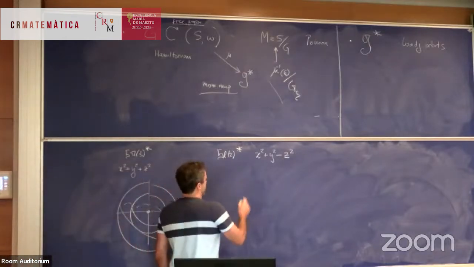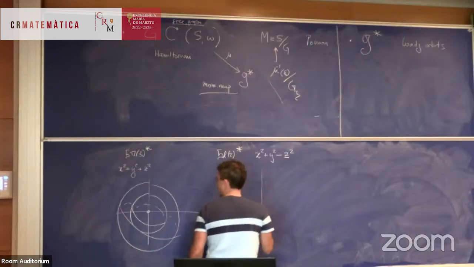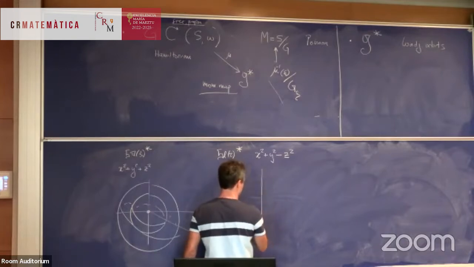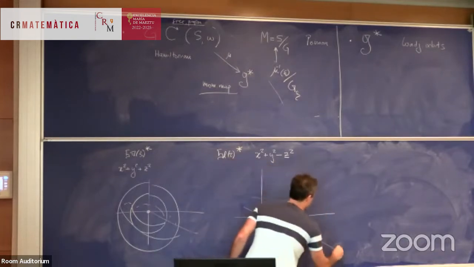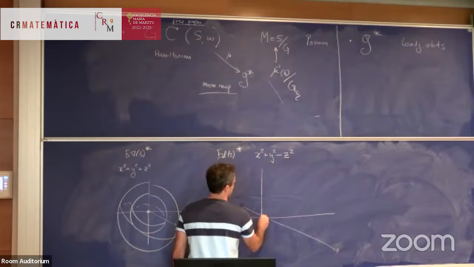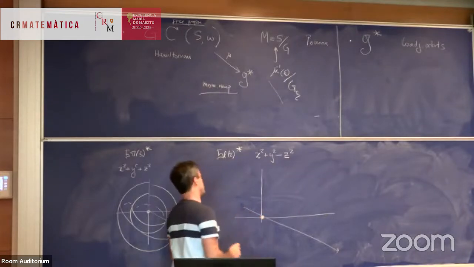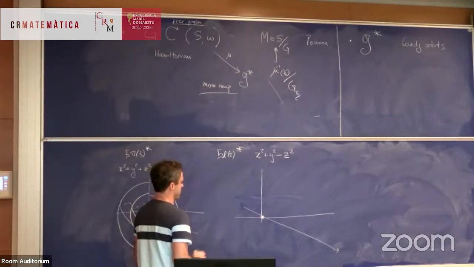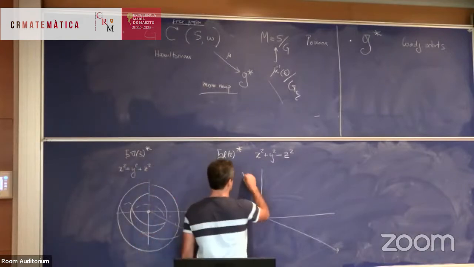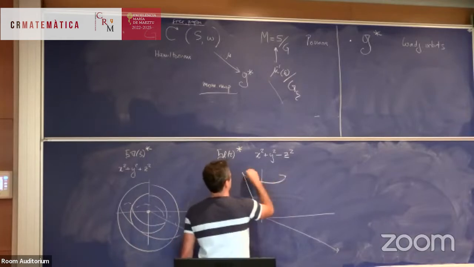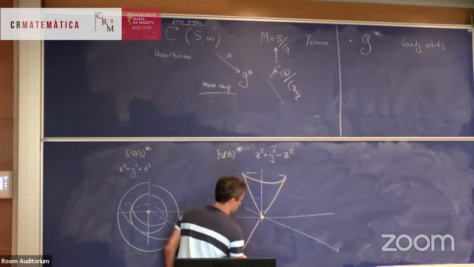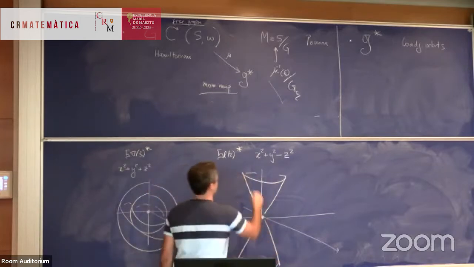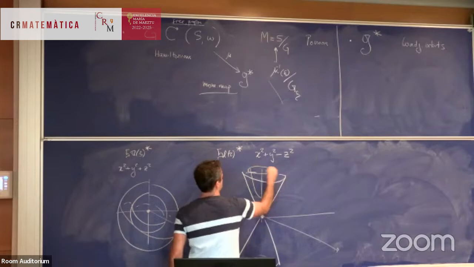You can check that the level sets are, this is three-dimensional, so here are the level sets. Again, in these linear Poisson structures, the origin is always a symplectic leaf by itself. So you have like this, and like this.